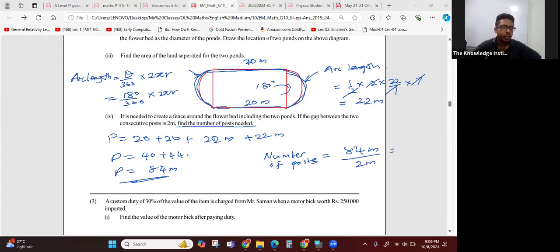So then you get 42. Meter and meter cancel. 84 divided by 2 is 42. So we need 42 posts to make the fence around this flower bed and ponds. Is it clear?